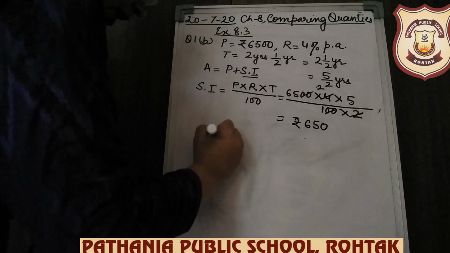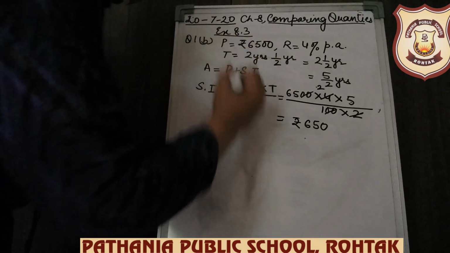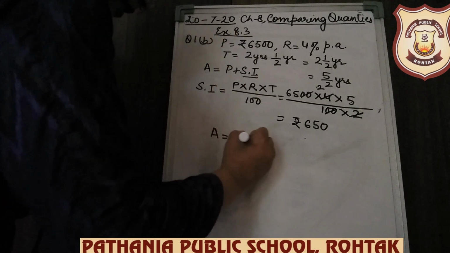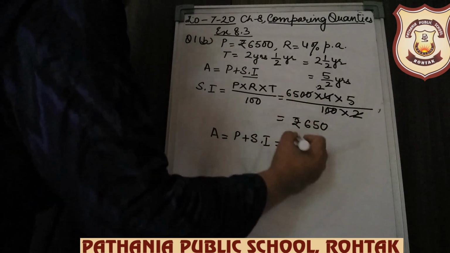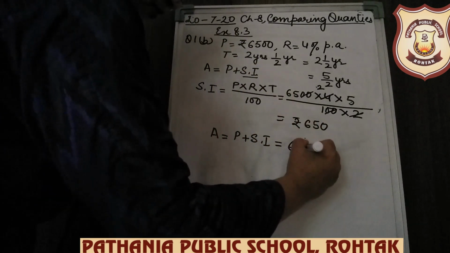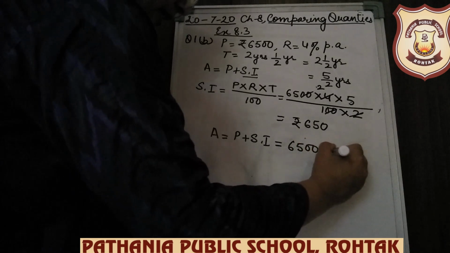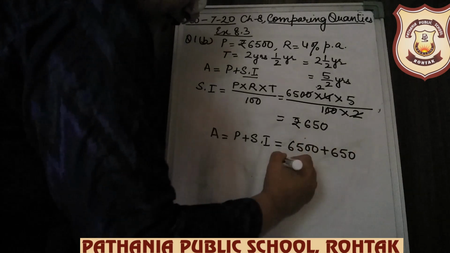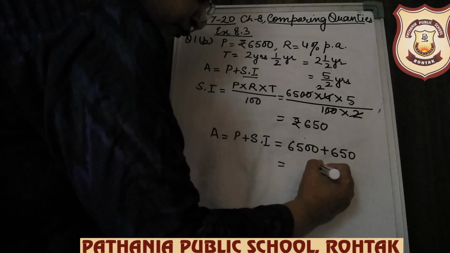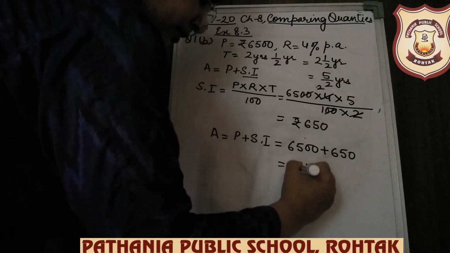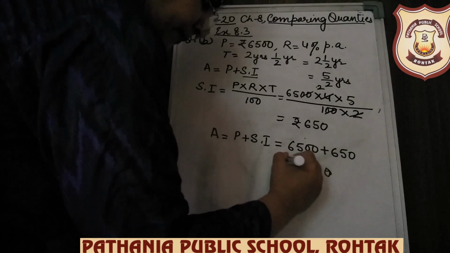Now what is the amount? Formula you know, principal plus SI. Principal is 6500 plus simple interest 650. This is going to be 7150 rupees.